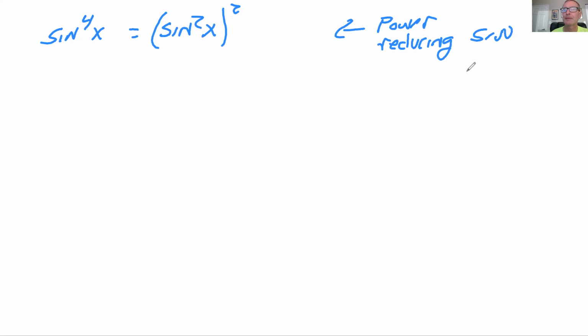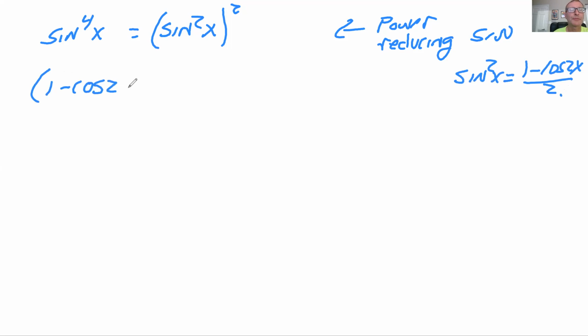Let me write this here so you see what I'm going to be doing. It would be 1 minus cosine of 2x over 2. So what we're going to do here is 1 minus cosine of 2x over 2, and then we're going to square it.